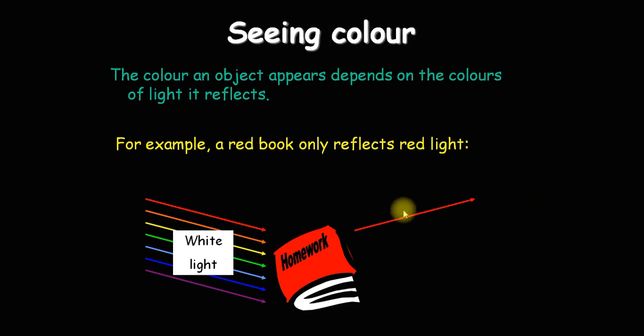It reflects light of wavelength associated with red. Now this is white light, a combination of all the colors, and then we get to see only red because this material reflects the wavelength that is related to red light.